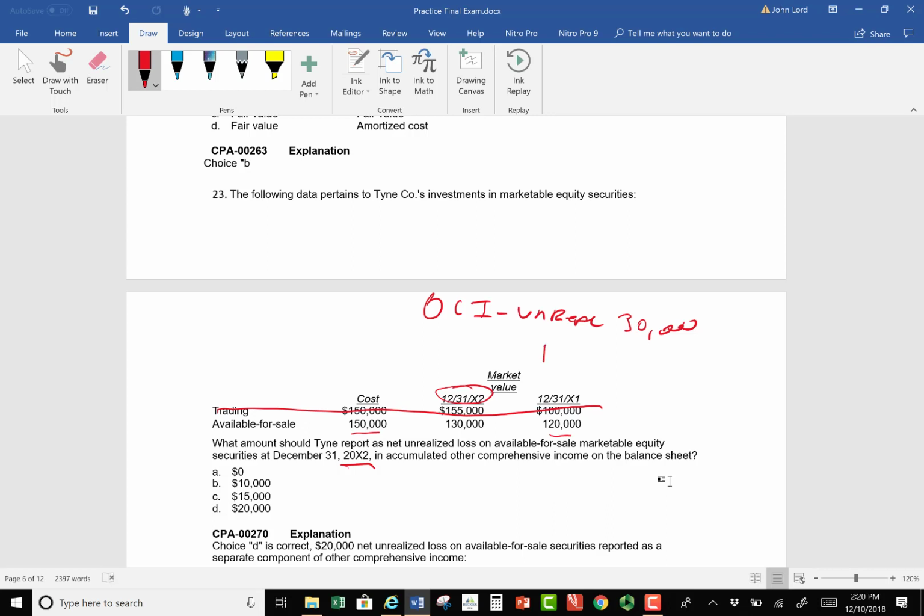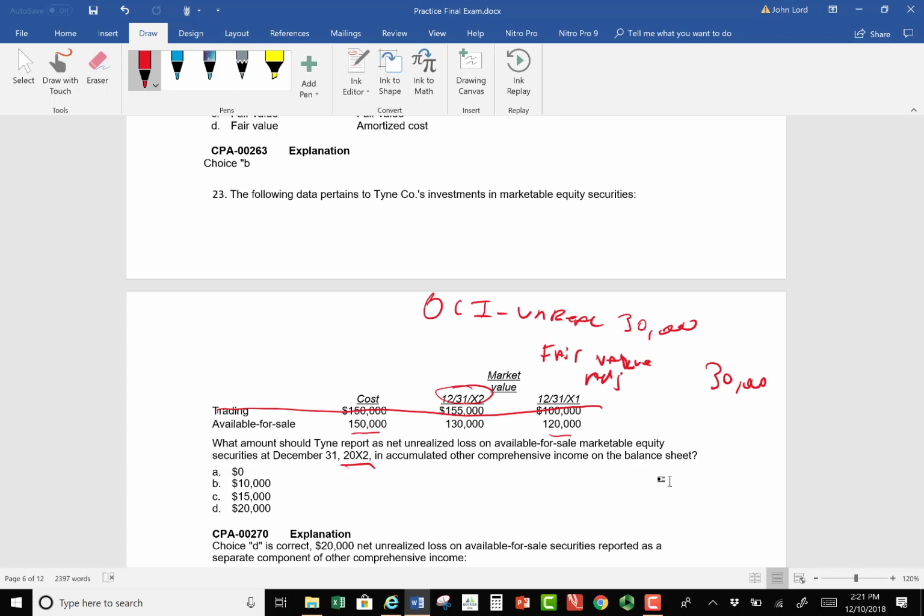What do they call it? Fair value adjustment? For 30,000. With me so far? Okay.